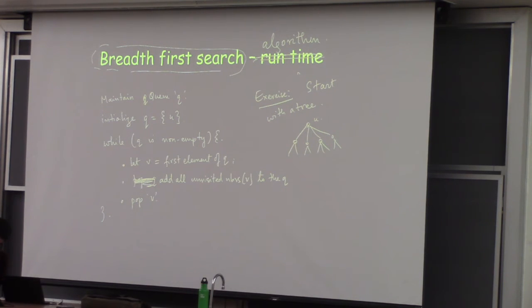By processing I mean this step, for every vertex exactly once, and processing that vertex takes time proportional to the number of neighbors it has. So overall it's linear in the size of the graph.